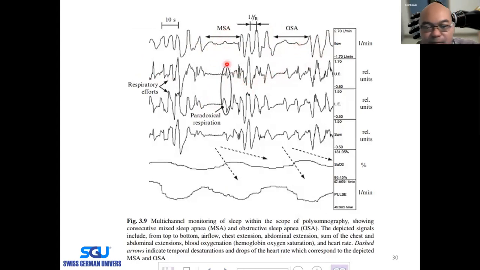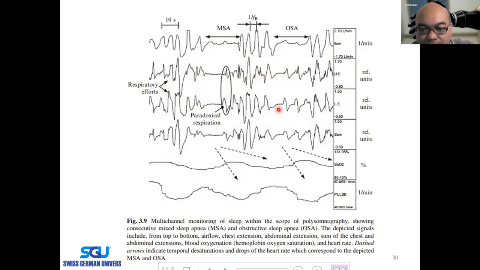From top to bottom, this is the airflow in milliliters per minute. This is the measured chest extension, which can be measured using mechanorespirogram. Then abdominal extension, from the abdomen. This is the indicative signal during MSA and OSA.